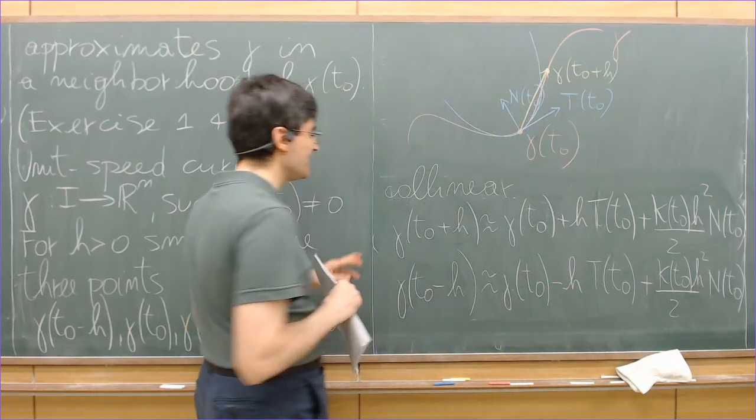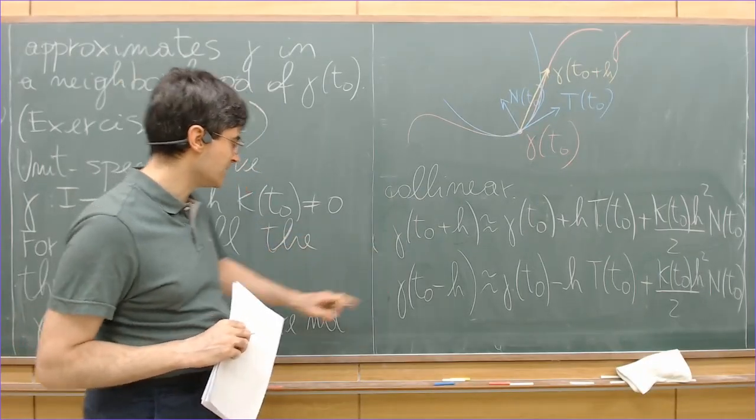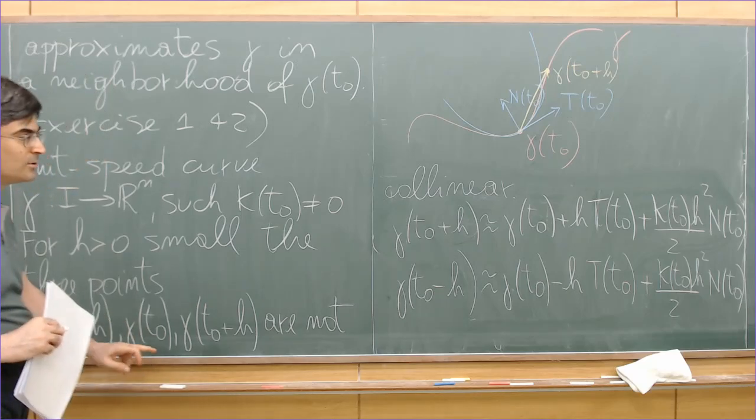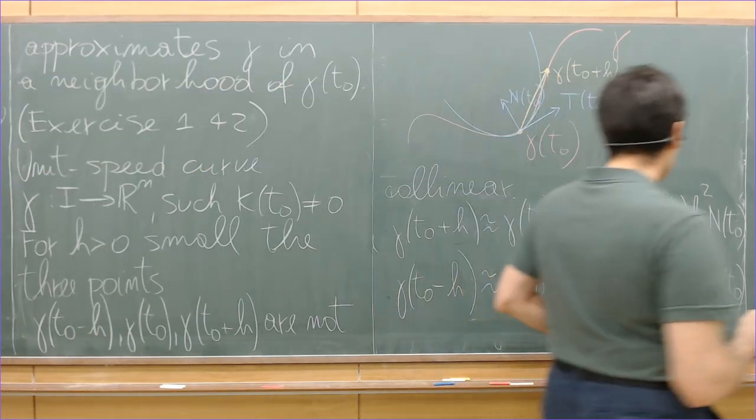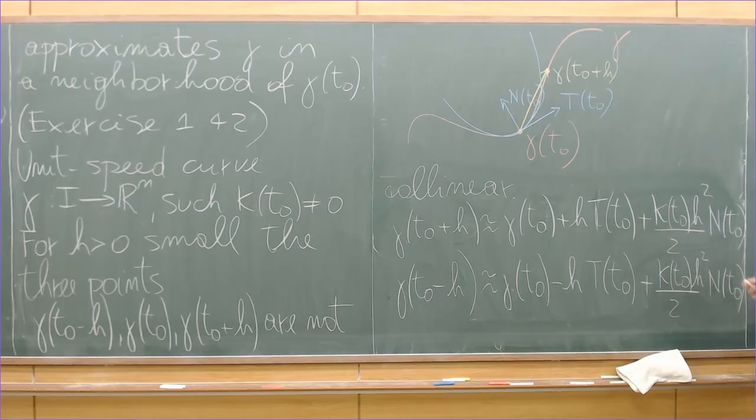So why these two vectors and gamma t0 are not collinear? Very simple. It's because of the presence of this term, this one and this one.